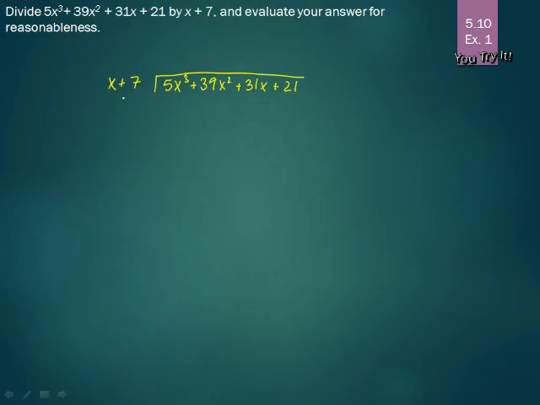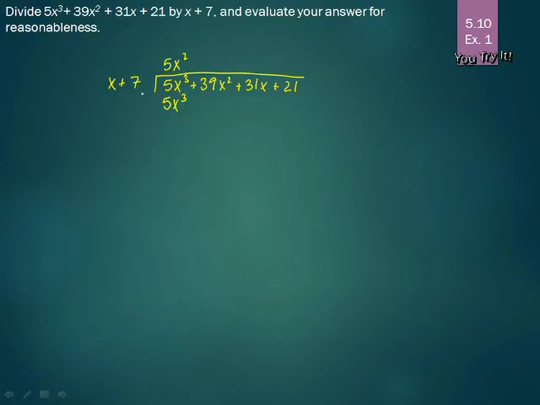Now to divide, we first want to see what needs to be multiplied by x to give us 5x cubed. Well, 5x squared multiplied by x would give us 5x cubed. So we take 5x squared and multiply it by not only x, but by 7 as well. 5x squared times x is 5x cubed.